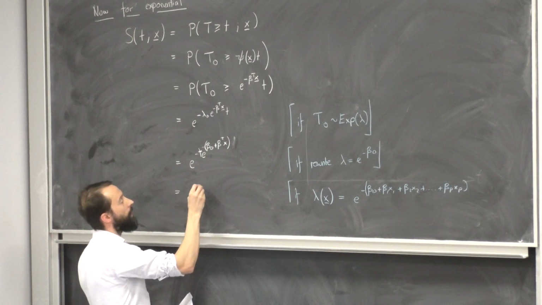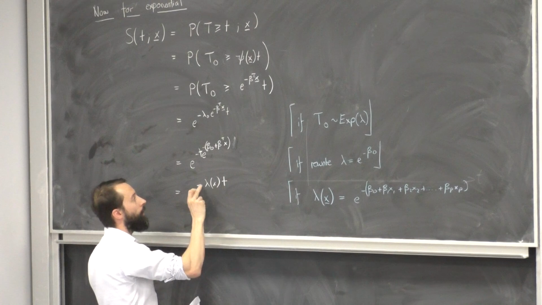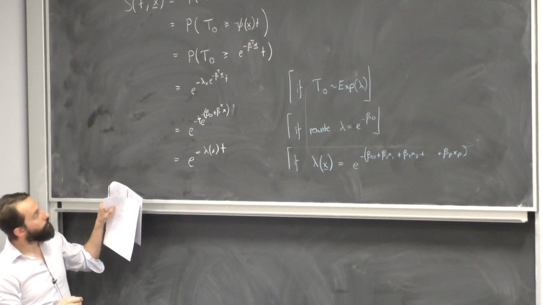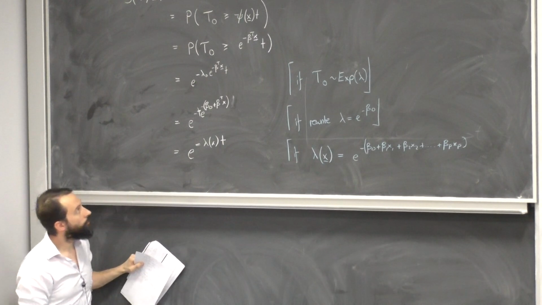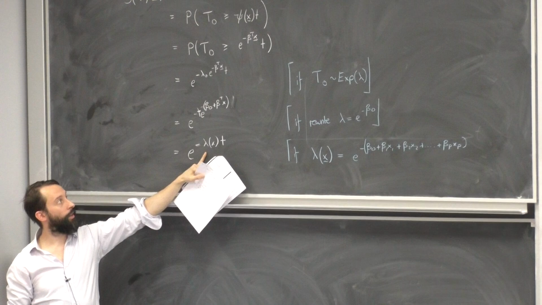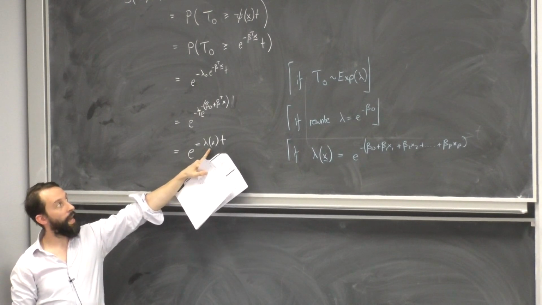So that just becomes e to the minus lambda x times t. And this is just the survivor function of an exponential distribution with a rate parameter now lambda x.